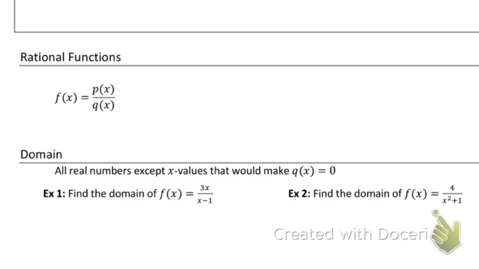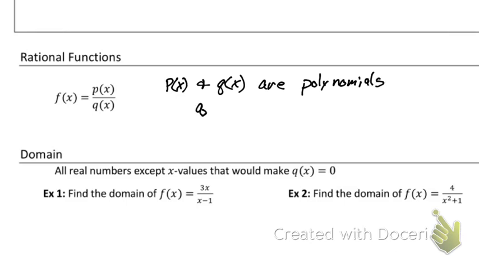All right, so we have f of x equals p of x over q of x. What makes this a rational function is if p of x and q of x are polynomials. I also have to put this fact here, and this is a big fact.